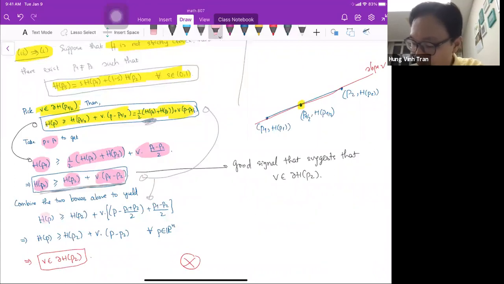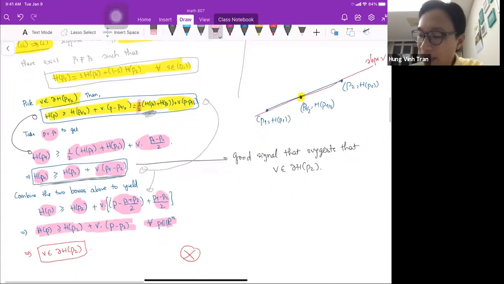So I have h of p is greater than or equal to h of p2, and then I have v dot with something. You can see that I have v dot with this one, which is natural. It just comes from p minus p1/2, right? And then v dot with p1 minus p2 over 2, which is exactly that, because I have 1/2 up here, so I needed to have 1/2 down here. So after rearranging things, I would have h of p is greater than or equal to h of p2 plus v dot with p minus p2 for all p.